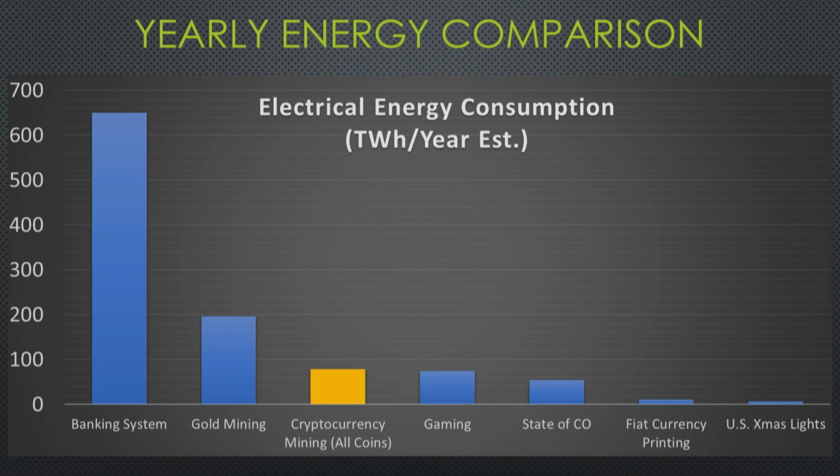Jason? Yeah, along those same lines, is there any way to factor in that a lot of these mining rigs are operated in cold environments? There's sort of a heating cost savings because of that. Yeah, that's one thing. These calculations totally overlook heating, ventilating, and air conditioning. Typically, most miners would prefer to be in a cold environment so that they don't have to expend excess electricity to cool their rigs.